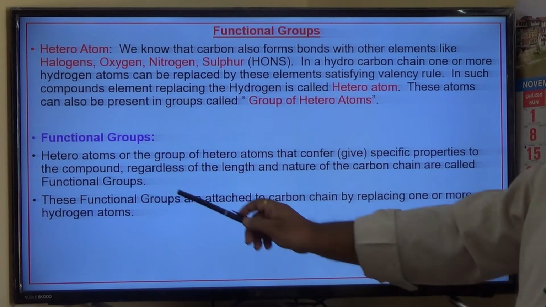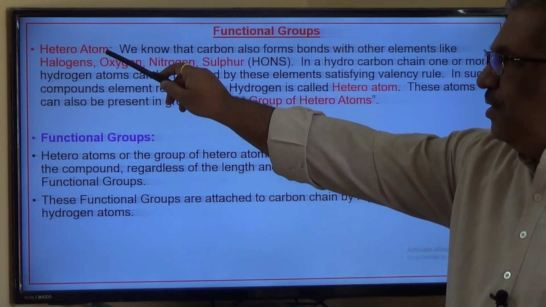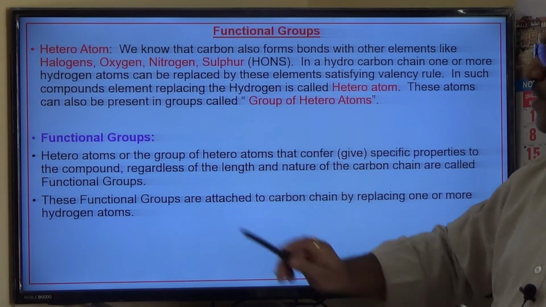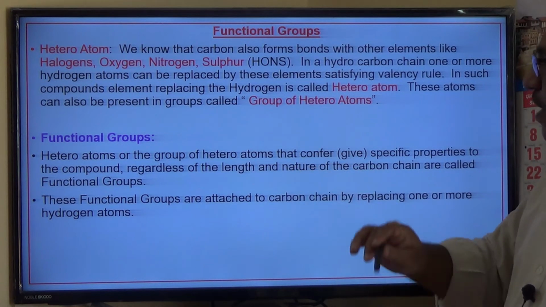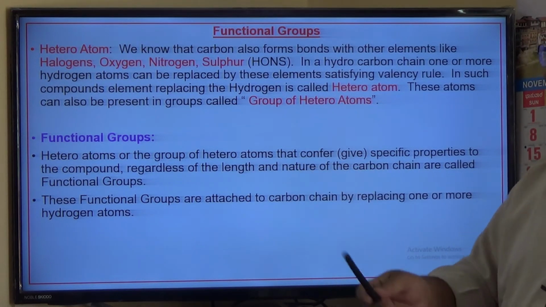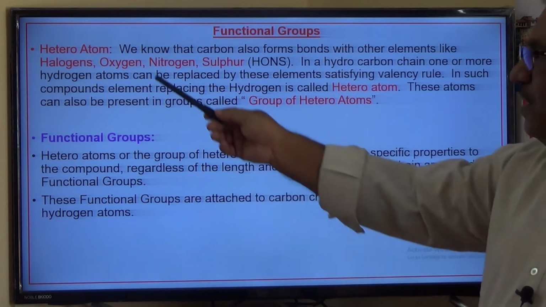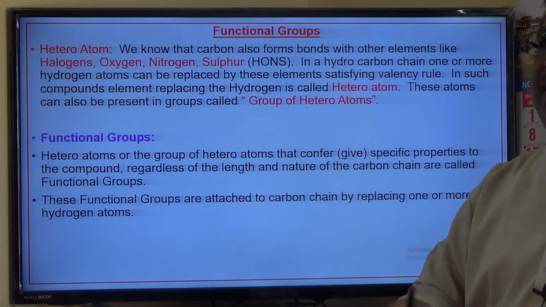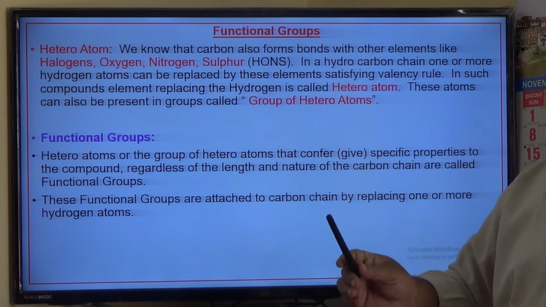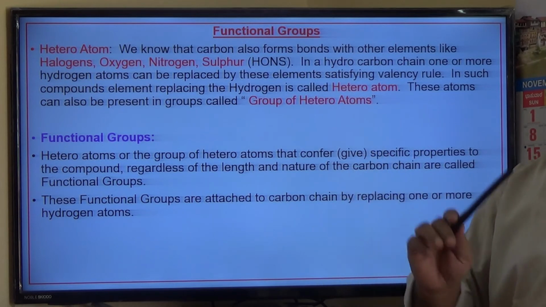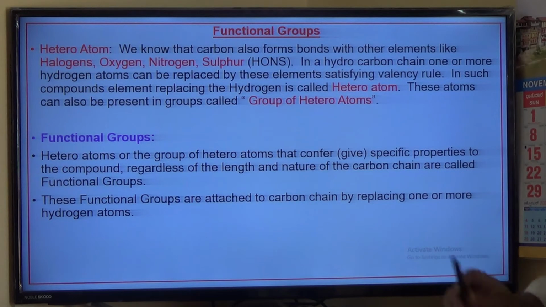So definitely we understood functional groups are heteroatoms or a group of heteroatoms. When those are attached to a carbon chain, irrespective of the nature and length of the carbon chain, then these heteroatoms or the group of heteroatoms will confer, meaning will give, specific properties to all those compounds, and therefore those are called the functional groups.